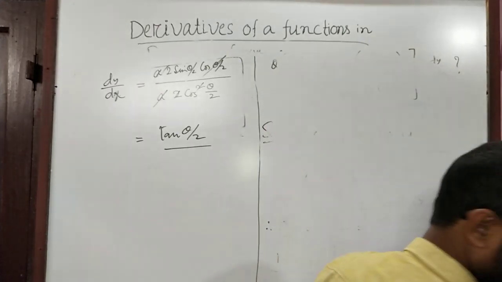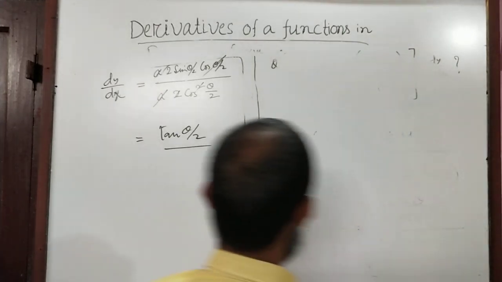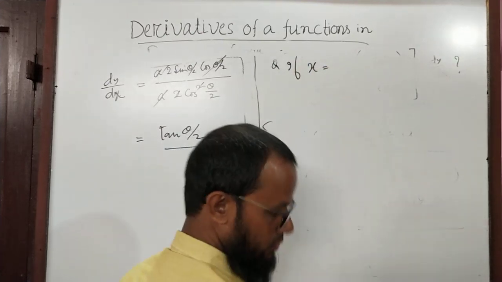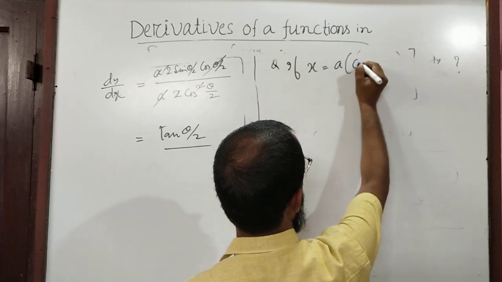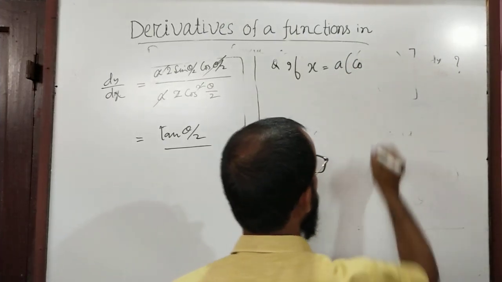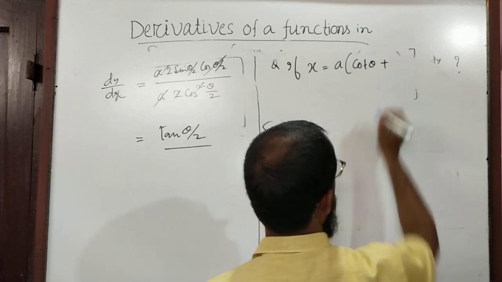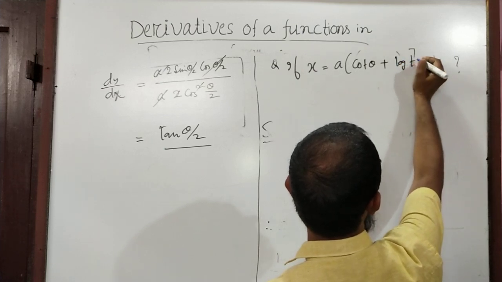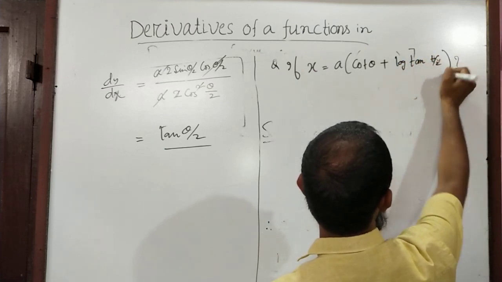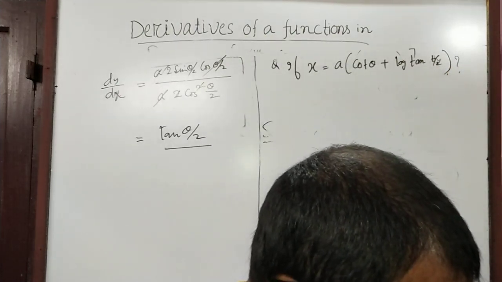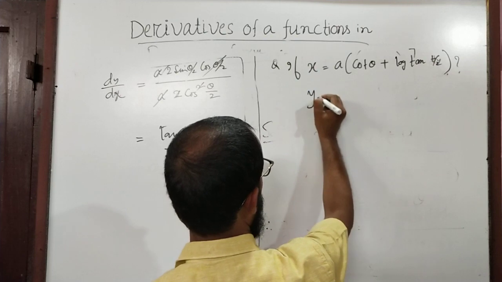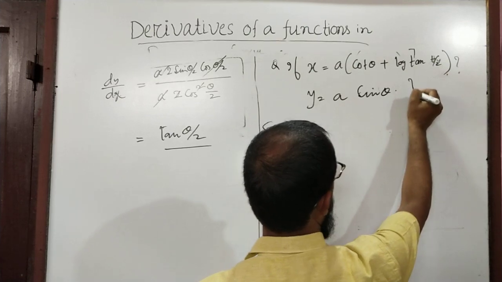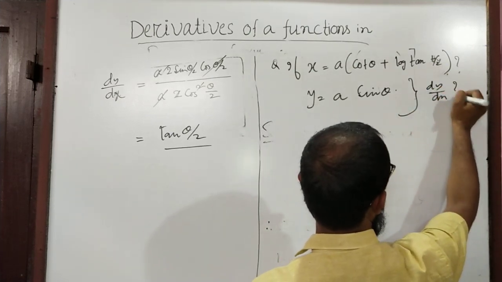The question is, if x is equal to a into (cot theta plus log tan theta by 2) and y equal to a into sin theta, you are to find dy by dx.